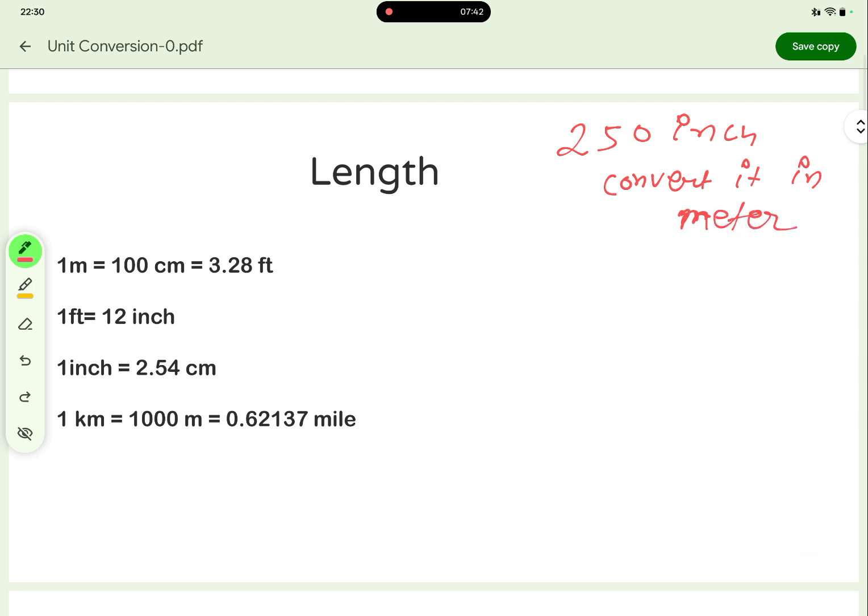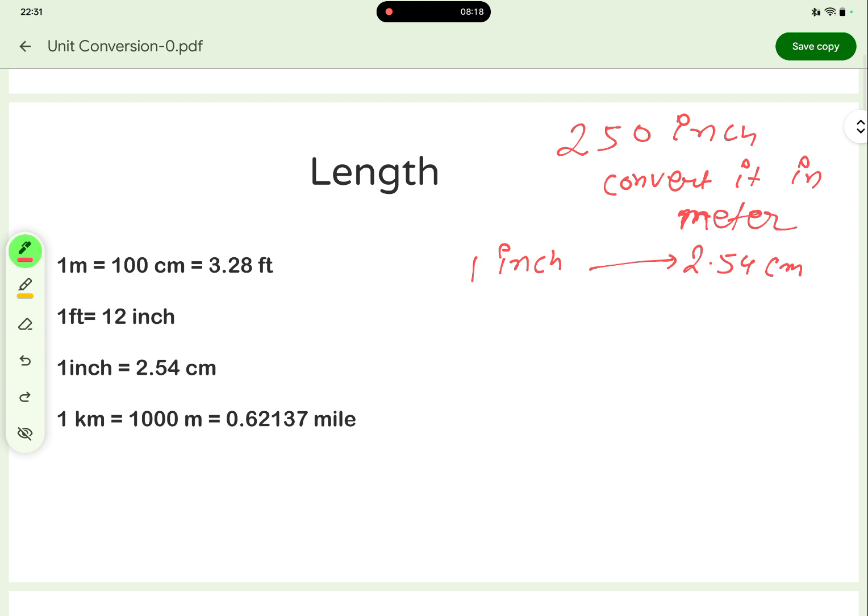So there is no direct relationship between the meter and the inch, but we know one relation, that 1 inch is equal to 2.54 centimeter. So once I am able to convert into the centimeter, then we can convert into the meter.